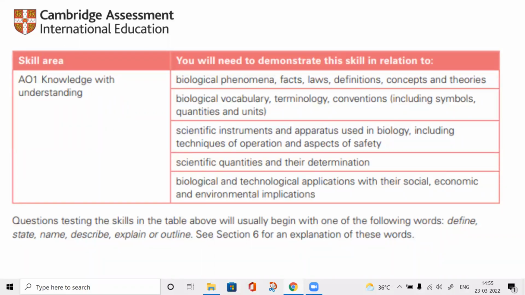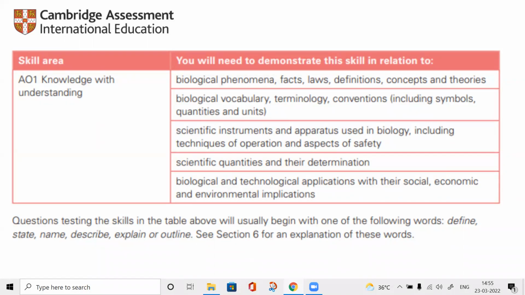So command, they are commanding you to describe. They will command you to explain something, or they will command you to just give an outline of a process. That means if you are asked to give an outline, you just need to talk about the main events in the process. If you start describing every event, you may not get marks.